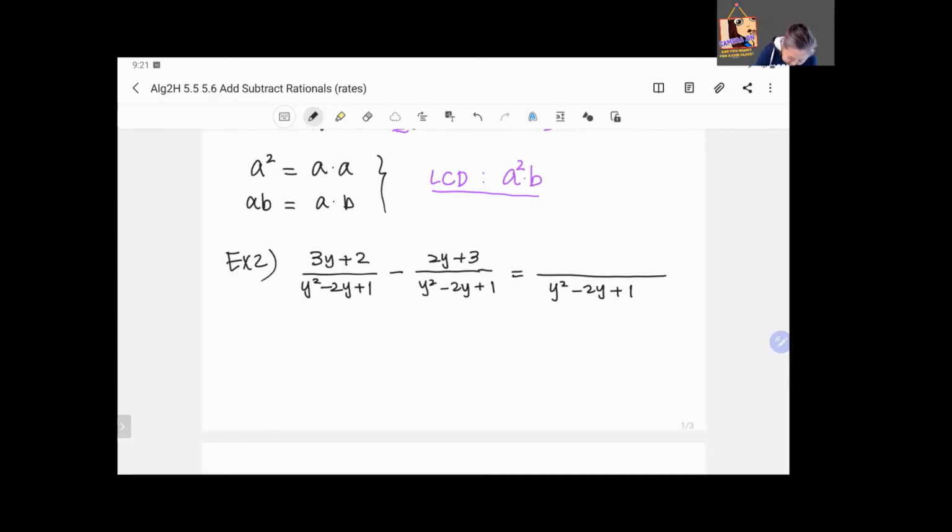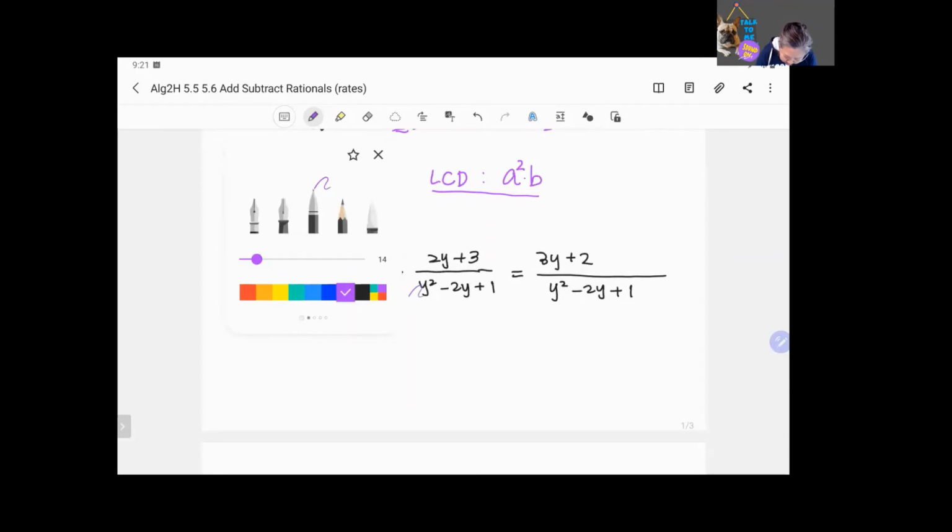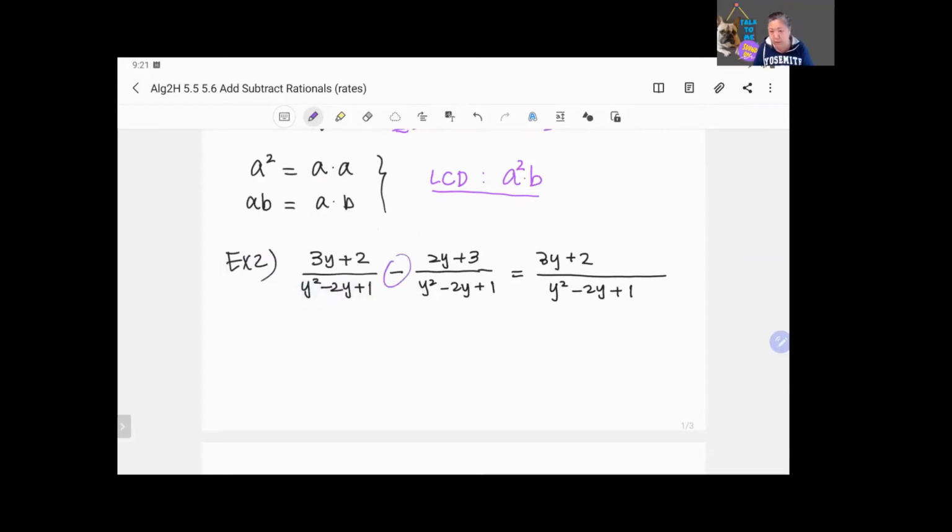Then the first numerator is 3y plus 2. But now what you have to be really careful about is, since we have this subtraction here, the minus sign is going to affect each term individually. So here you have to be careful.